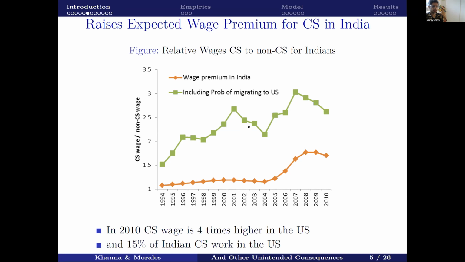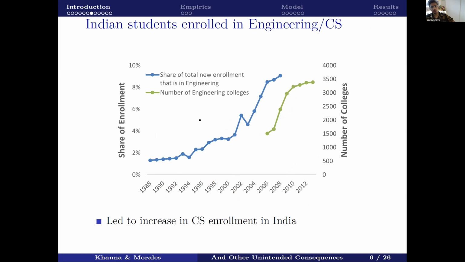So when Indian students and workers are trying to decide whether to become a computer scientist, and they look at the fact that they might be able to migrate under the H-1B program and have a very lucrative job in Silicon Valley, suddenly becoming a computer scientist in India becomes really lucrative.